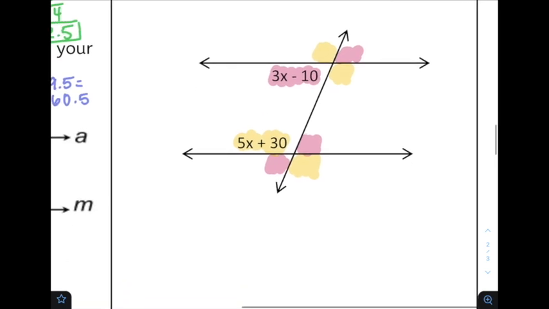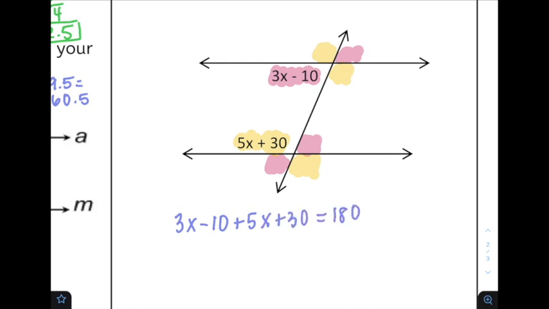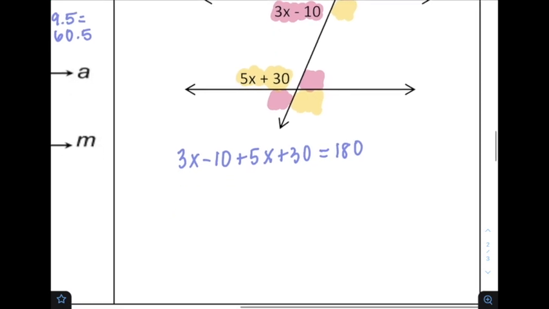So that means I have 3x plus 10, minus 10 plus 5x plus 30 is going to be equal to 180. So now I'm just going to combine my like terms, 3x and 5x, 10 and 30.